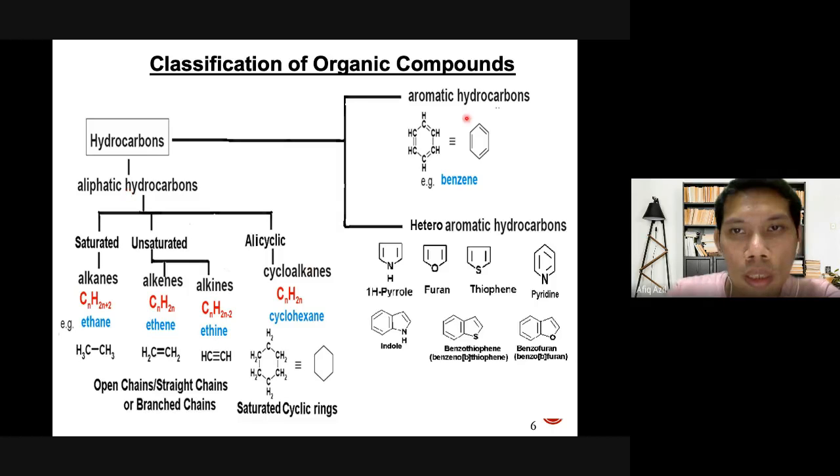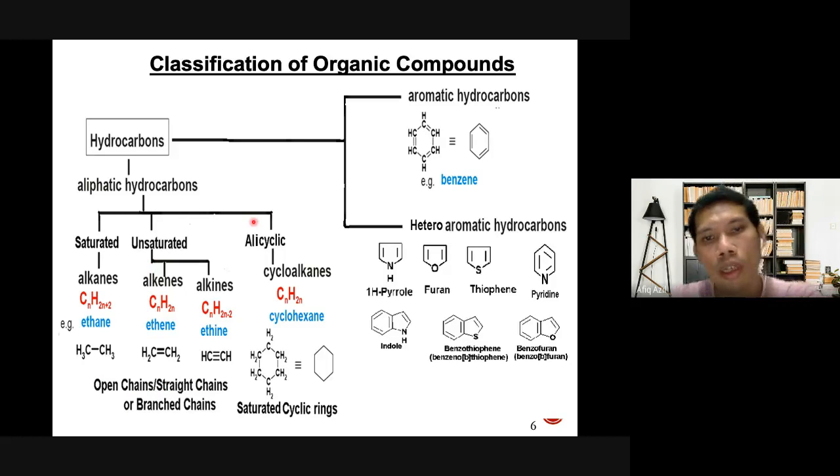But the aliphatic can be further divided into saturated, which is alkane, which doesn't contain any double or triple bond, and unsaturated, which is alkenes, containing a double bond, or alkynes, which contain a triple bond. All of these three are open chain or straight chain, meaning that they are not in a cyclic form.